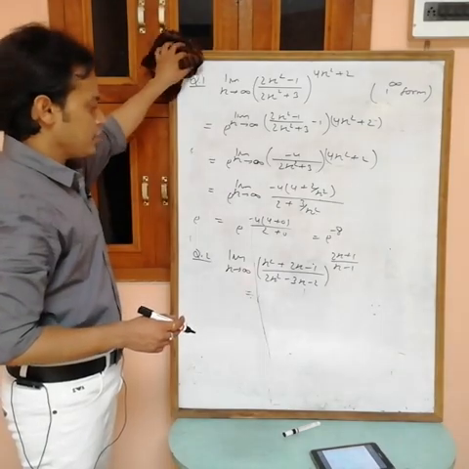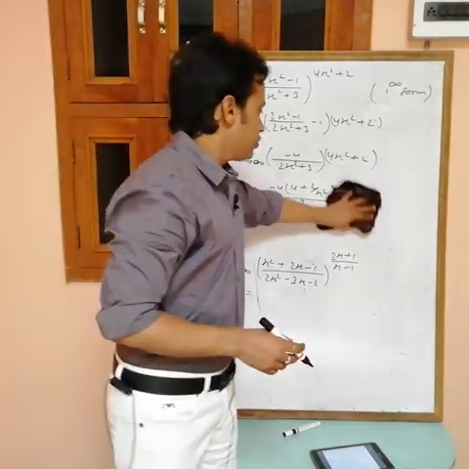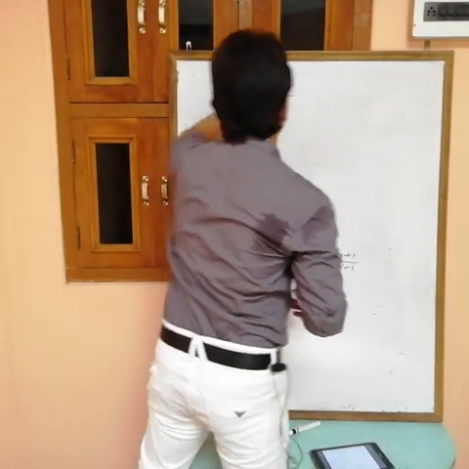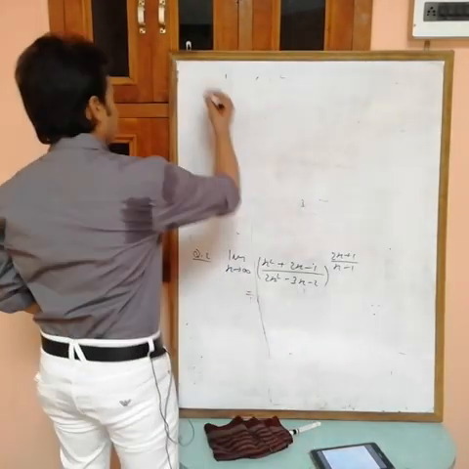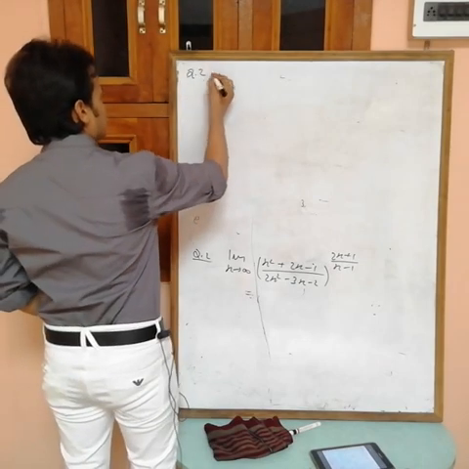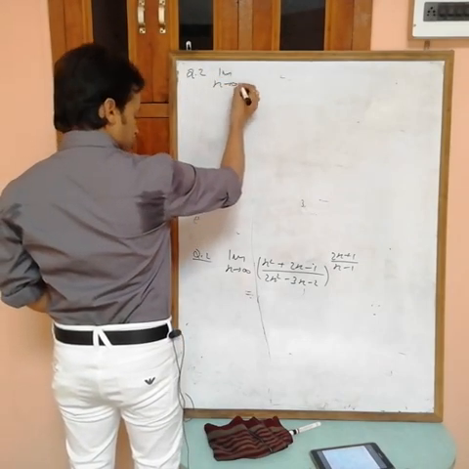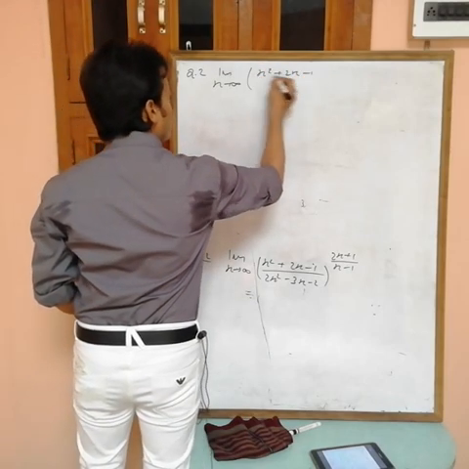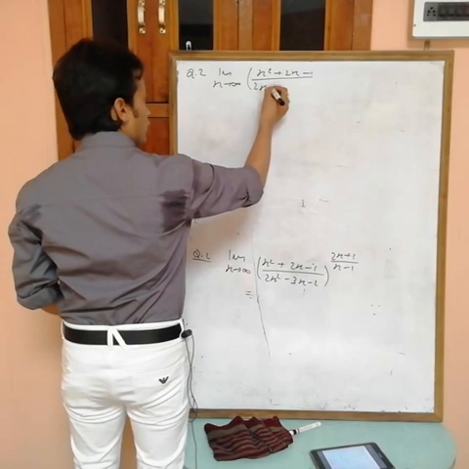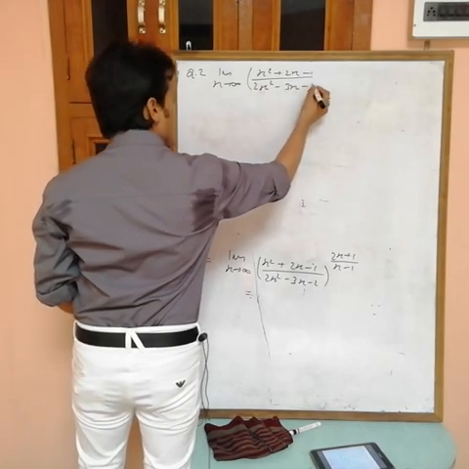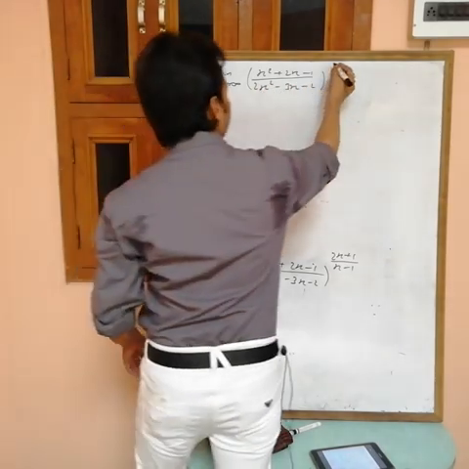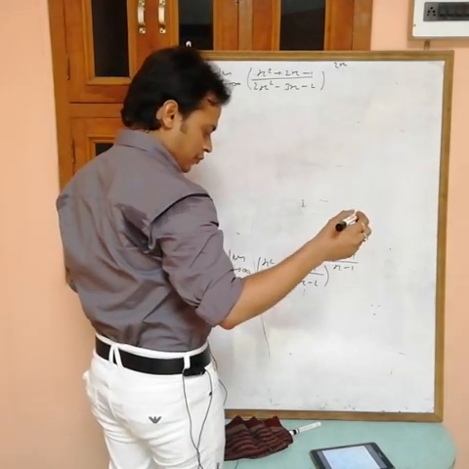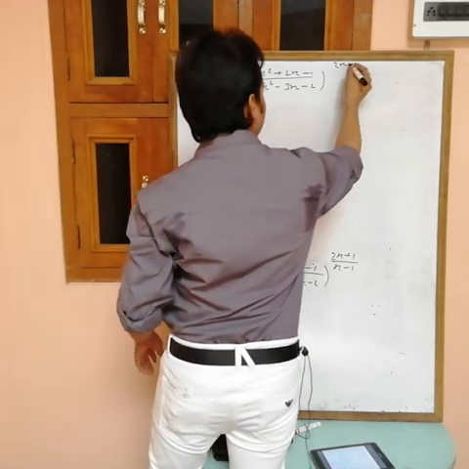First one is done, now I can do rough work. Okay, do the second one. Now see what we have: limit x tending to infinity of ((x² + 2x − 1)/(2x² − 3x − 2)) whole power (2x + 1)/(x − 1).